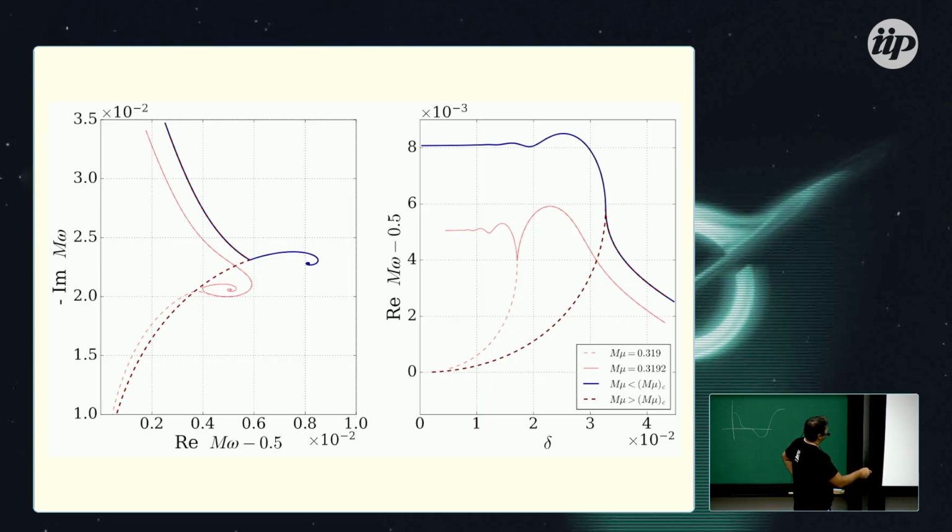But you see, for instance, the real part here passes through some part where it decays to 0 as you go to the extremal point, where you have some oscillations. And the behavior at the extremal point is non-zero. There's some non-trivial real and non-trivial imaginary part. Here you have this bifurcation point between the fundamental and the first overtone, and here the bifurcation point between the first overtone and the second overtone.